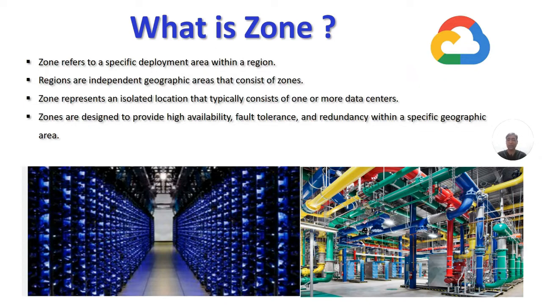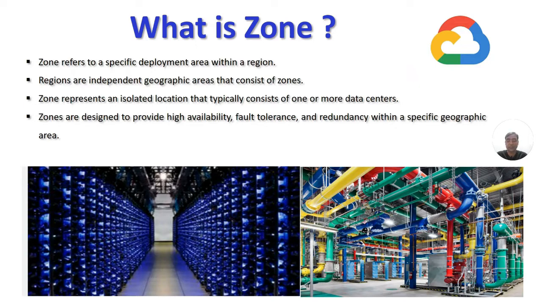Guys, the zonal resources in GCP are like virtual machines, disks, GPUs, and specific services like Cloud SQL instances and Cloud Functions. What are zonal resources, guys? Zonal resources are certain GCP resources that are tied to a specific zone and are only available within that zone.